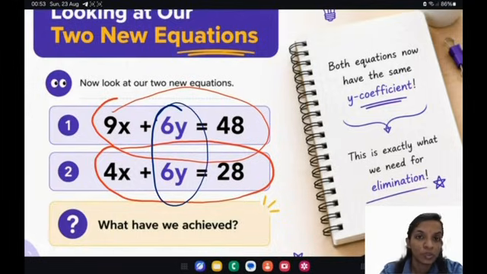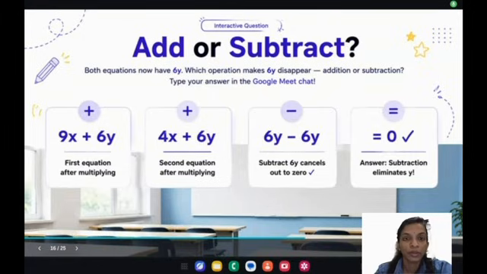So that means we can eliminate y. Now should we add or subtract these two equations? Let's think carefully. If we subtract, 6y minus 6y equals 0. So y disappears. Therefore subtraction is the operation here. So now let's subtract every term.